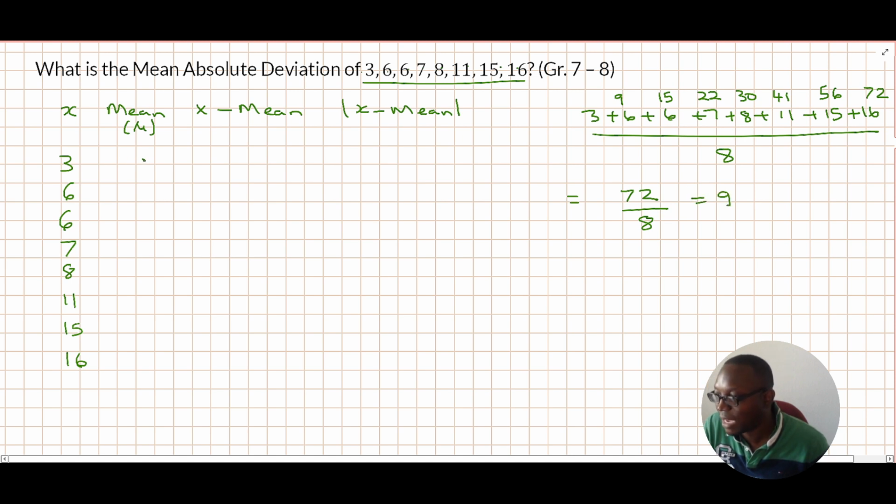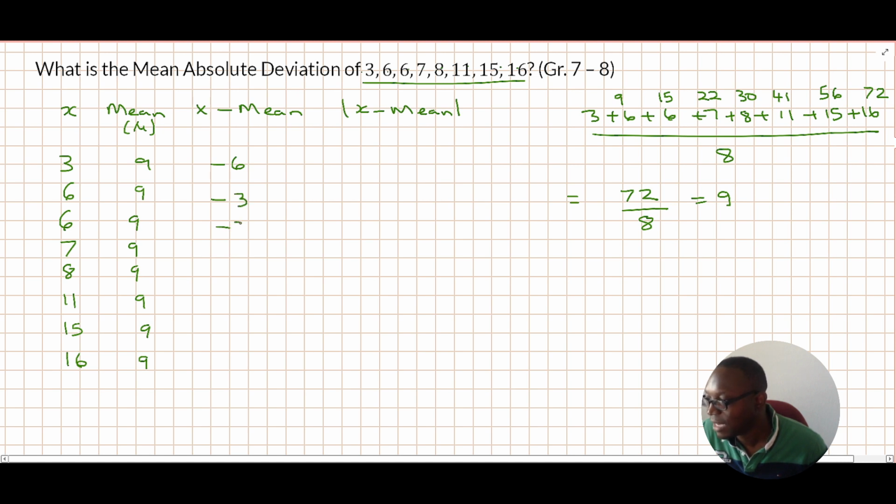So I'm just going to write 9 for all of these right here. Okay, so now we're going to subtract. We're going to have x minus the mean. So 3 minus 9 is going to give us negative 6 because the number here is larger, so you're going to have a negative number. 6 minus 9, the number here is larger, so it's negative 3.